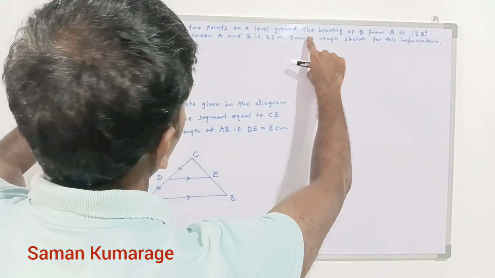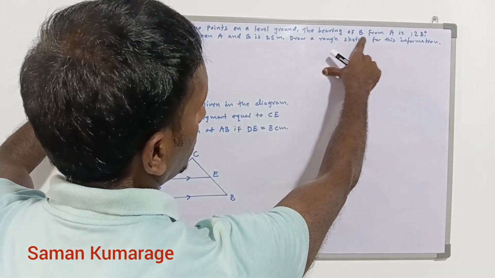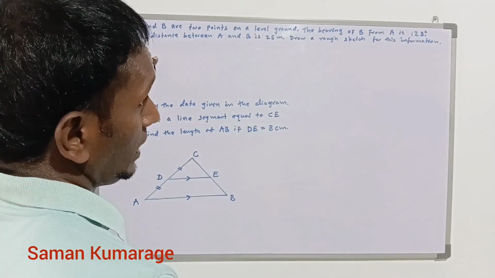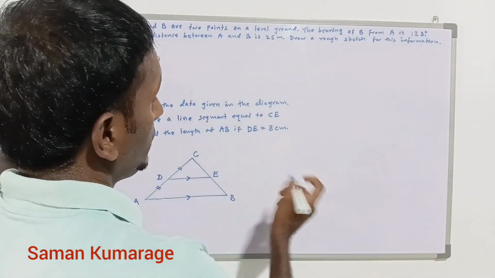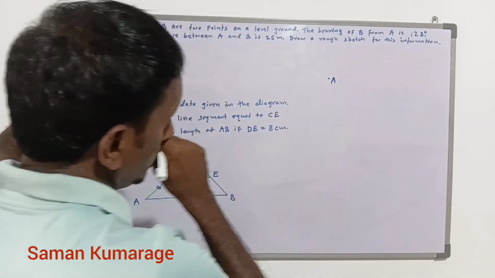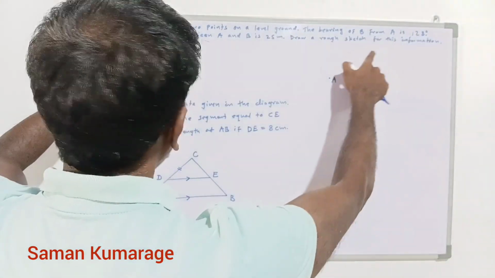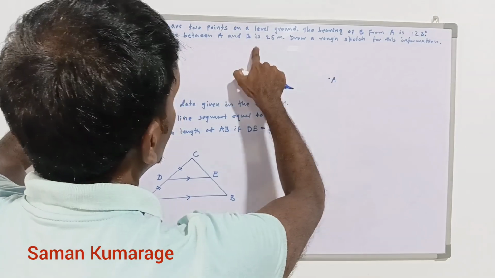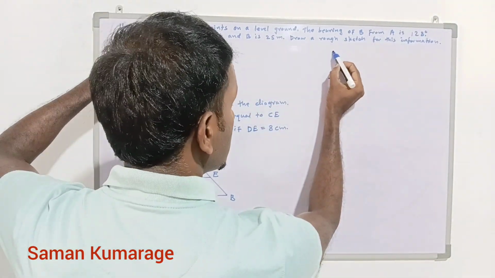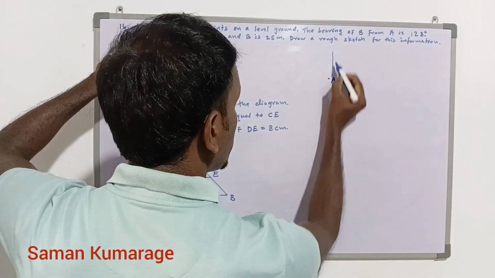So according to the given information, the bearing of B from A is 128 degrees. So first we need to locate the point A, and now we need to get the angular magnitude. It is starting from the north.